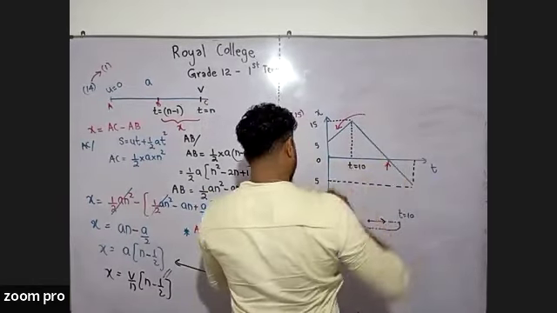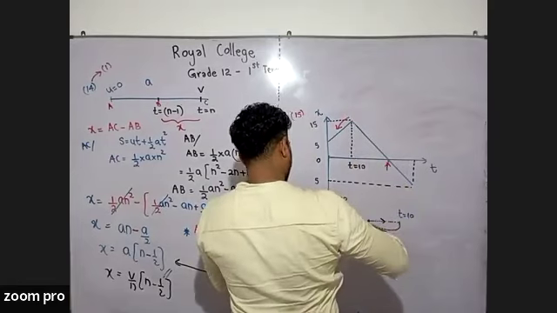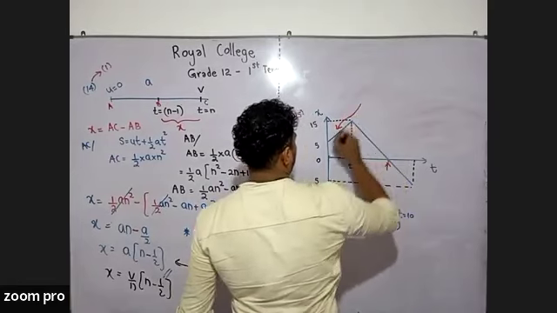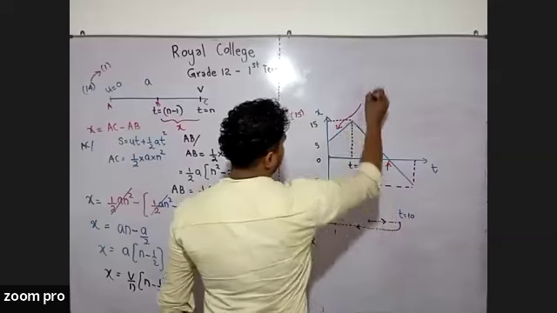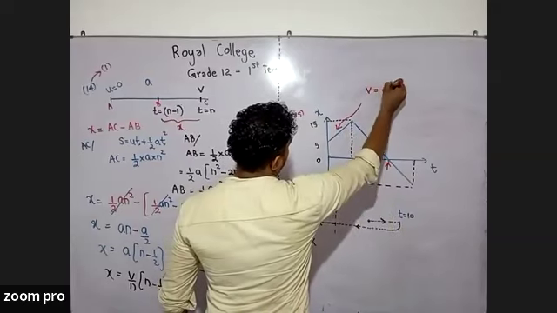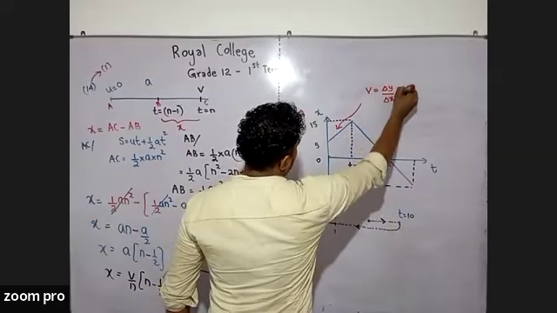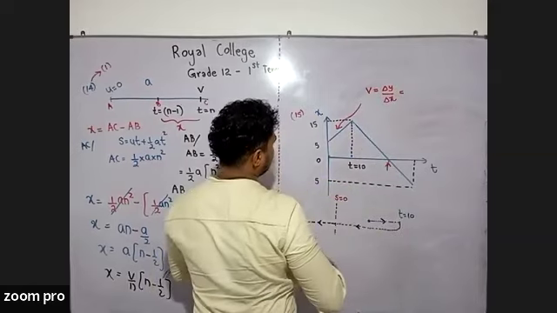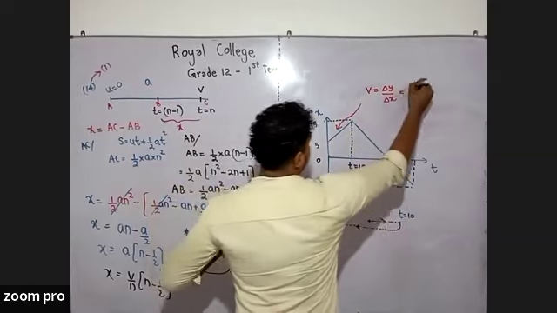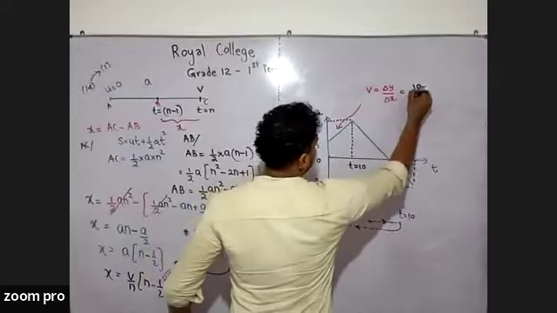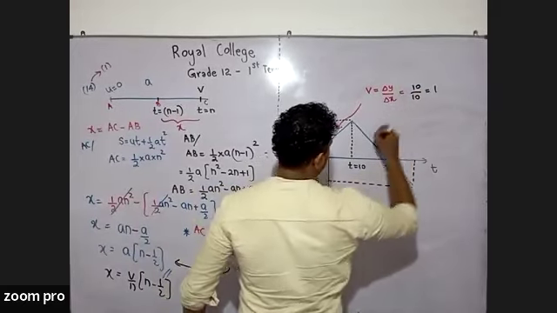Then the gradient for this part is delta y, 10, over delta x, 10. So the velocity should be 1.